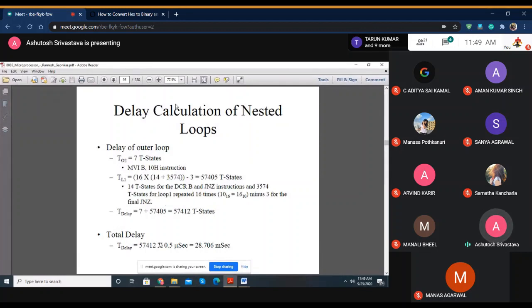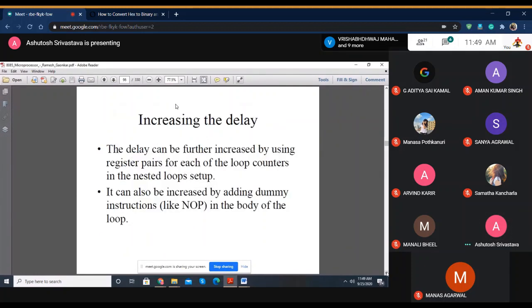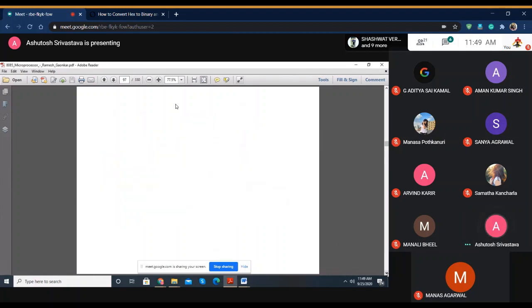So this is what we talked about, the total delay. Now, there are other ways in which we can also introduce the delay by using some kind of a register pair for each loop counter in a nested loop, and also by adding some dummy instructions like NOP, which we talked about last time.